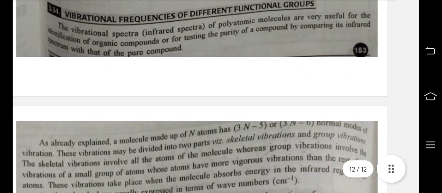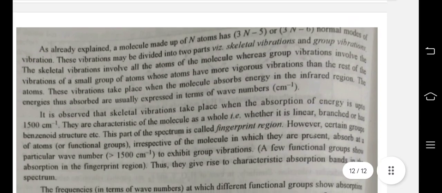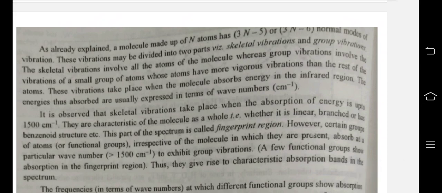Next topic is vibrational frequency of different functional groups. The vibrational spectra of all polyatomic molecules are very useful for the identification of organic compounds or for testing the purity of a compound by comparing its infrared spectrum with that of the pure compound. As already explained, a molecule made up of n atoms has 3n minus 5 or 3n minus 6 normal modes of vibration.